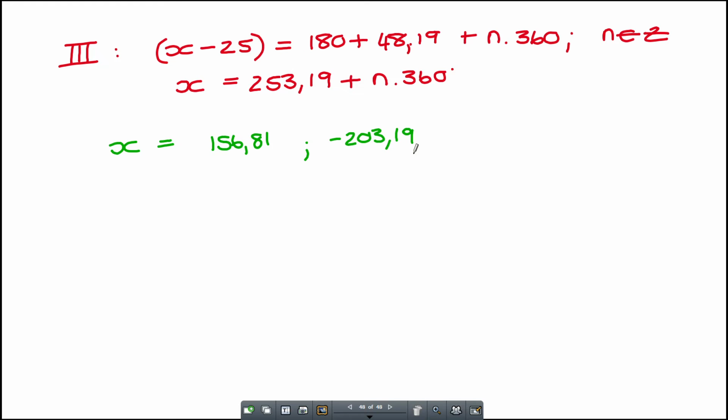Now let's look at quadrant 3. At quadrant 3 we had 253,19. So if n is 0, then you will have 253,19. And is that within my restriction? Yes. If n is 1 there, dan gee dit my 600 net, so that's outside the restriction.